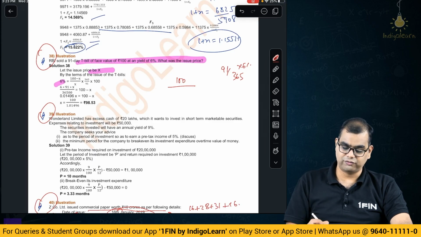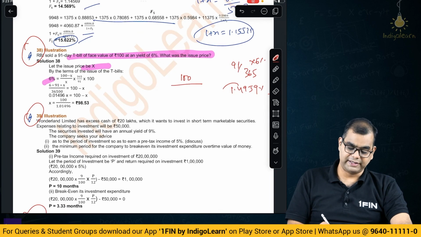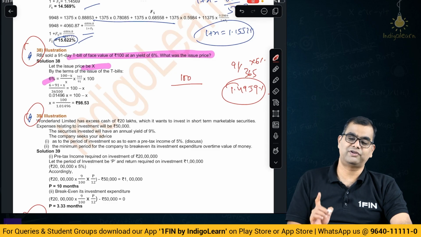It comes to 1.495. So, 1.4959 percentage is the interest for this period. So, you repay back 100. 100 is the repayment at interest rate of 1.49% for 91 days.